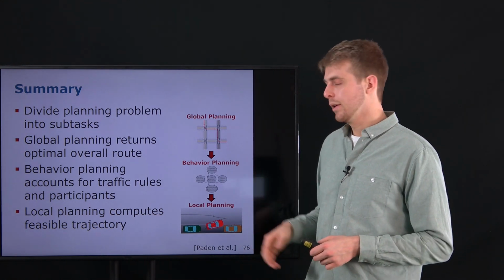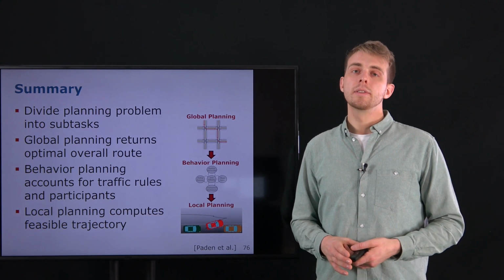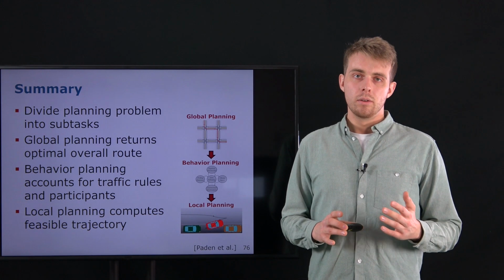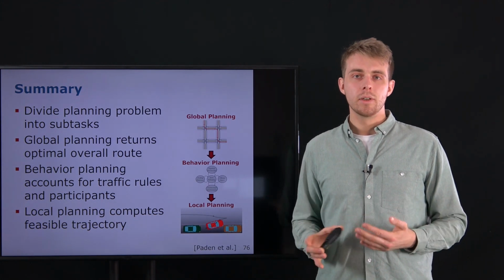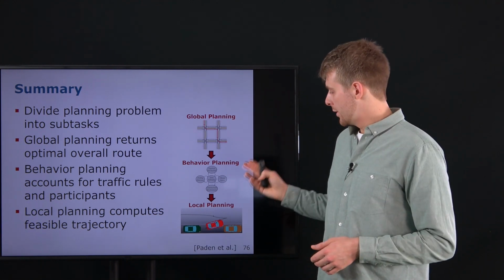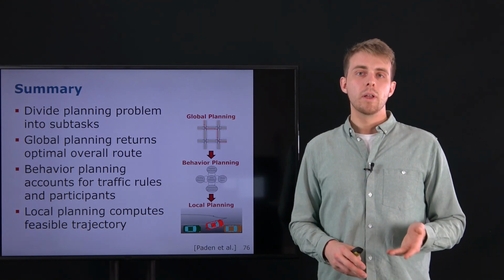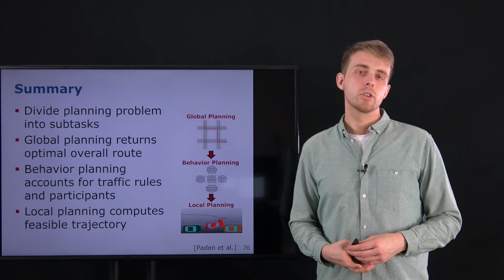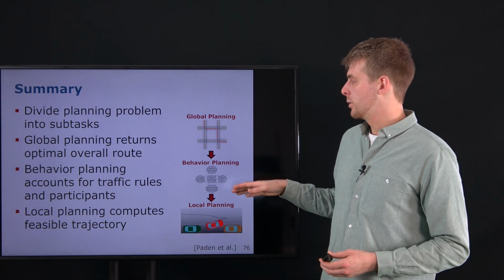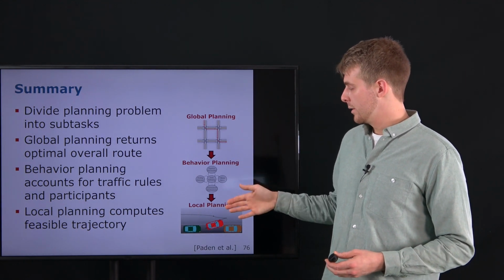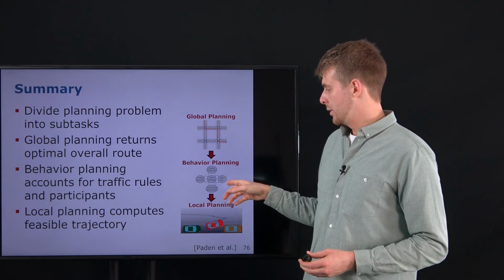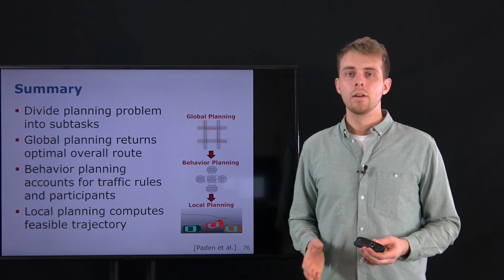The behavior planner then takes into account the other traffic participants and considers traffic rules and socially compliant behavior, for example when you let someone else pass first. After that, we have the local planner, which finally computes the feasible trajectory and makes sure that it meets the requirements from the other planners, so that this path is close to the global route, and that you take into account the velocities given by the behavior planner, for example if you want to make a full stop.